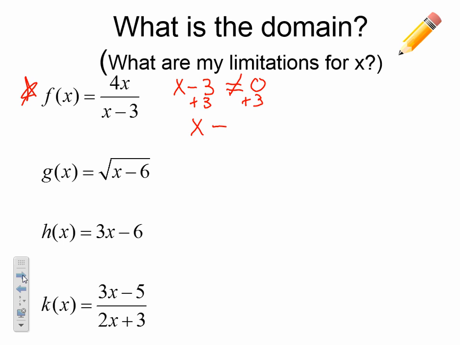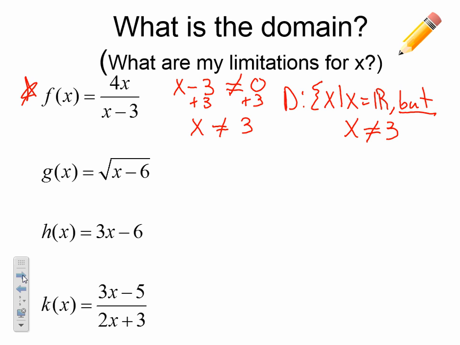So x cannot equal 3. So when we're writing our domain, it's x such that x equals all real numbers, but, that's really important, x cannot equal 3, okay, because we cannot divide by 0.